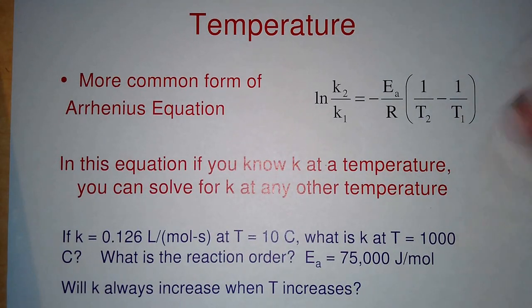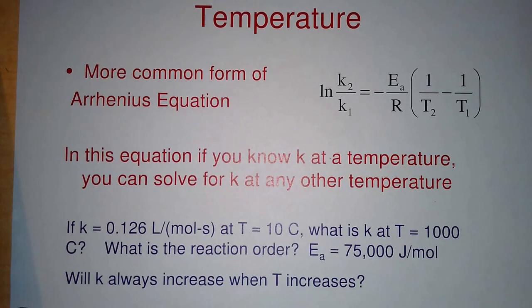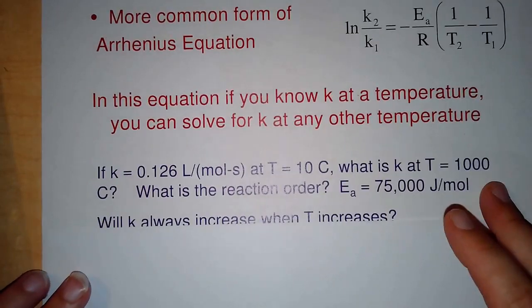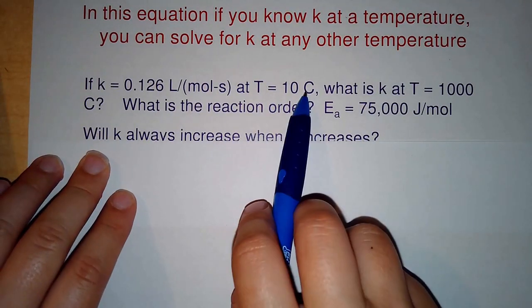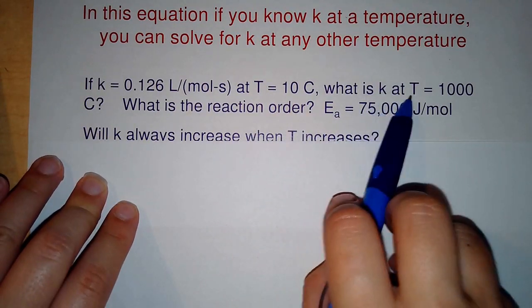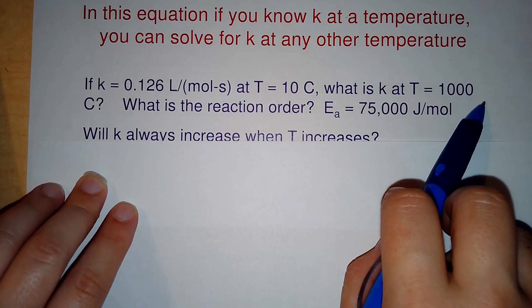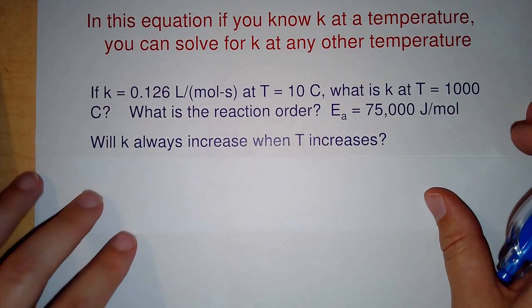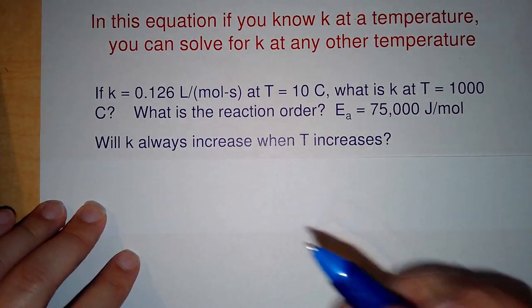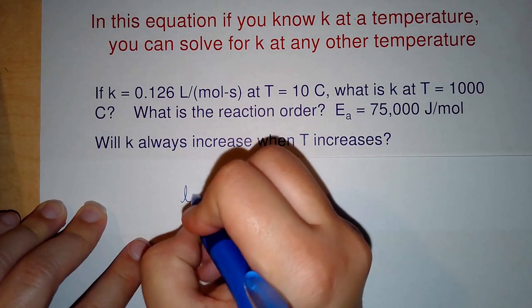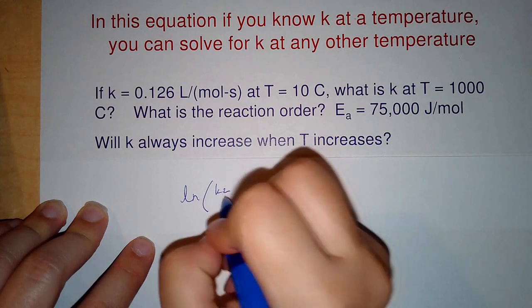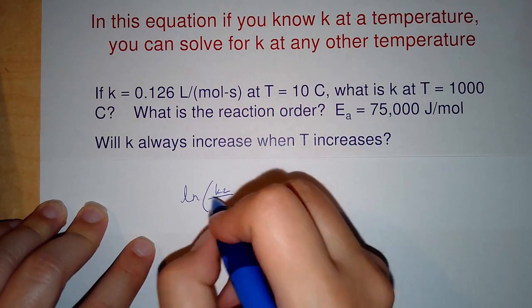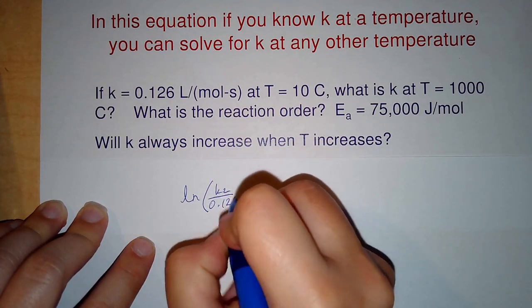Alright, so if we're given a rate constant at a particular time, we can find the rate constant at a new time. Alright, so we're just filling in the math. So ln, we're finding the new k, so I'm going to call that k2. We're going to put the original k1 in here. Negative activation energy.